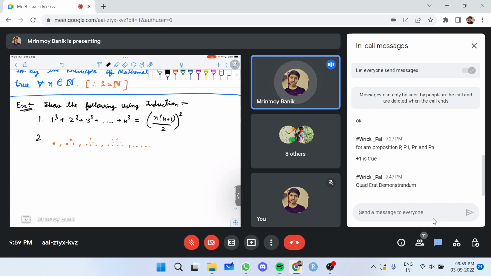So if you write the number of dots in each of the triangle, you get a pattern. So it's 1, then 3, then 6, and the next one is 10. Yeah. So this is a sequence of triangular numbers.